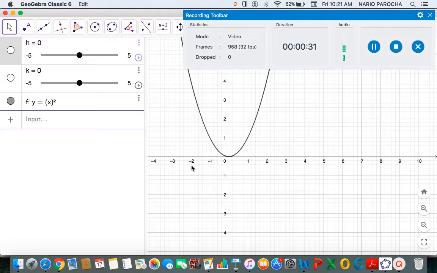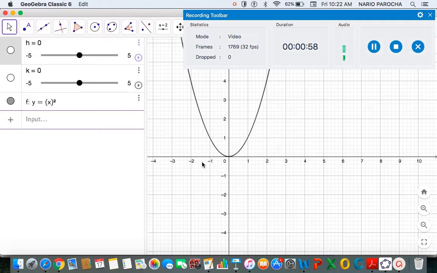The vertical translation happens when you add k units to the equation or subtract k units from the equation. Adding k units will move the parabola up k units, and subtracting will shift the parabola down k units from the x-axis.